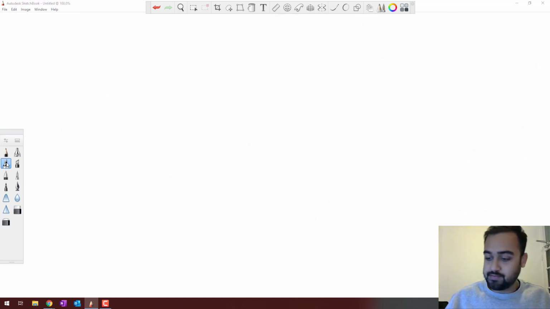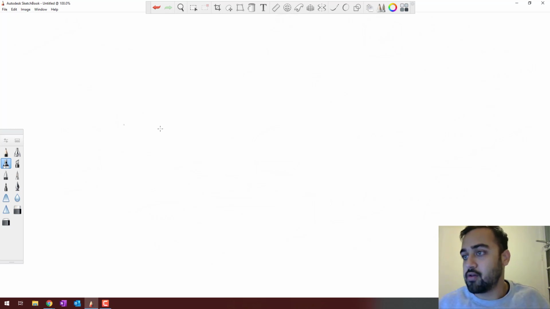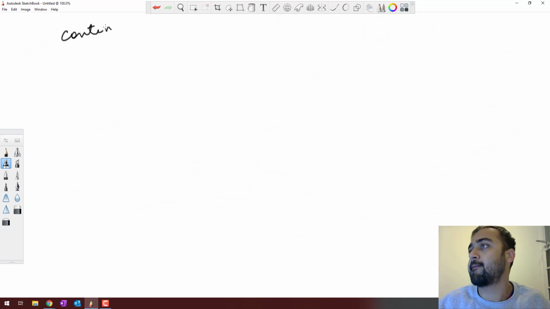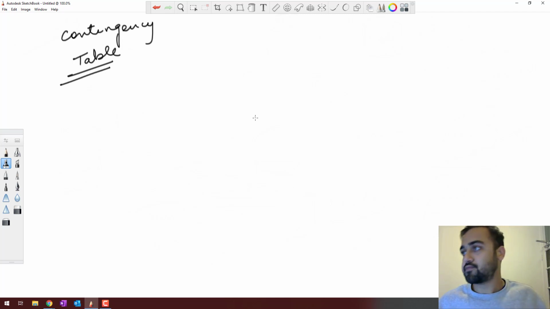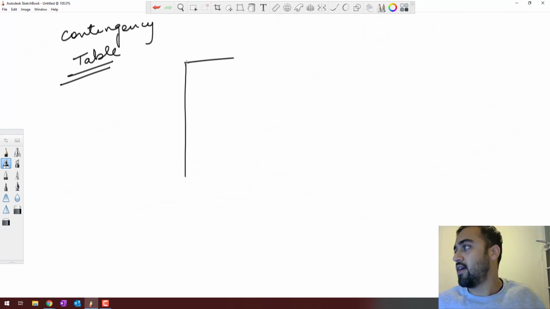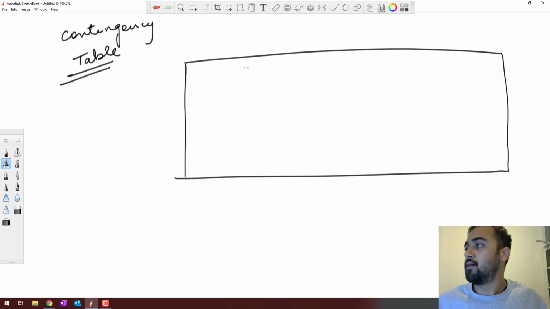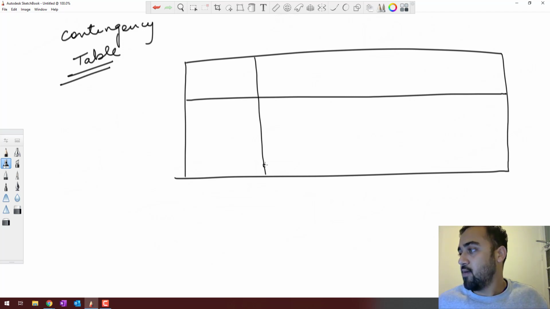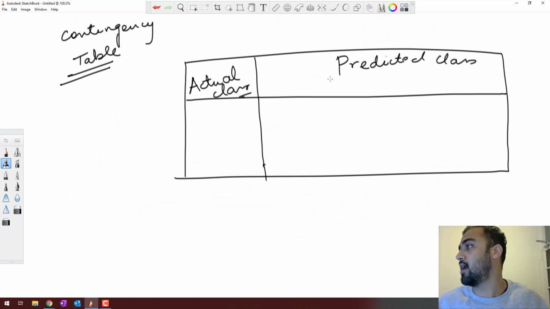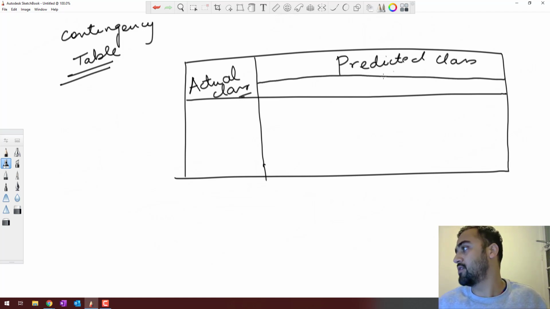Right, so that brings us to another really important topic, that is the contingency table. Whenever you use a classifier, that classifier will have an actual class that it has to match, and a predicted class that it outputs, or the output of the classifier.